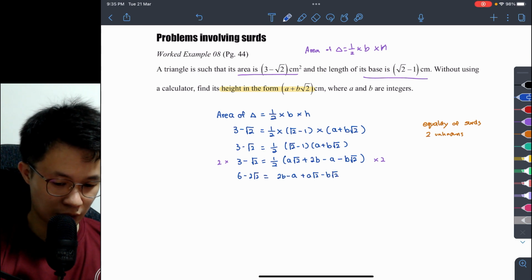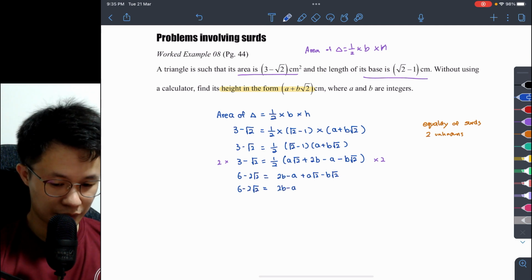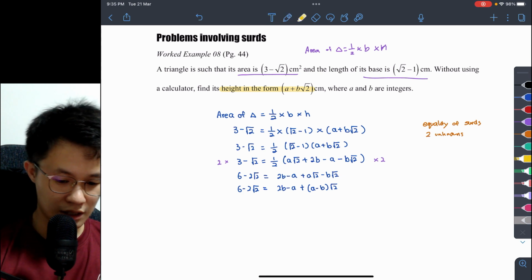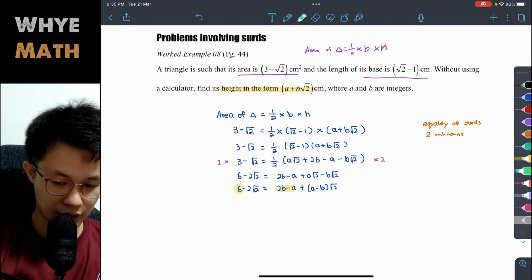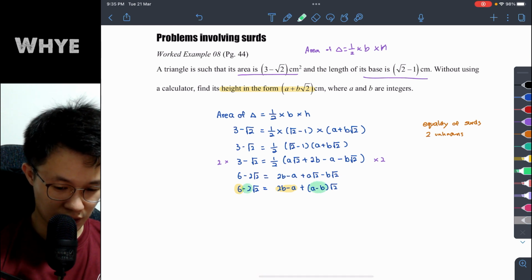Not exactly where I want it to be yet, so I'm going to write the right hand side in the same fashion: 2b minus a plus a minus b. I'm going to factorize out square root 2, and hence we can see that 6 will be equal to this, and negative 2 is equal to this over here.